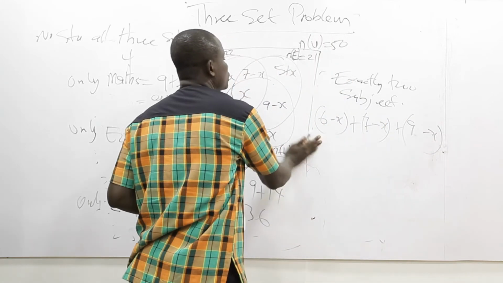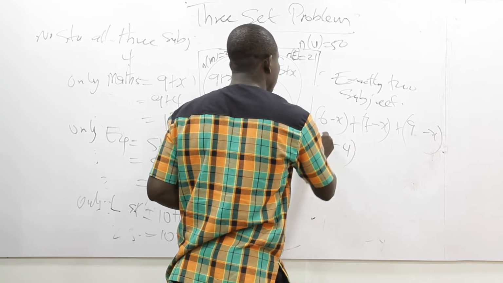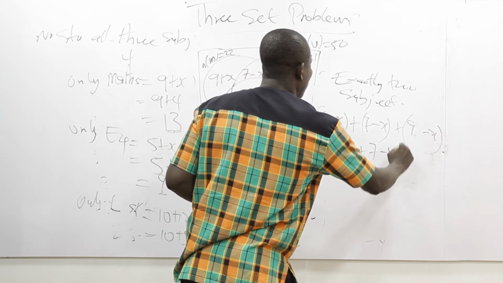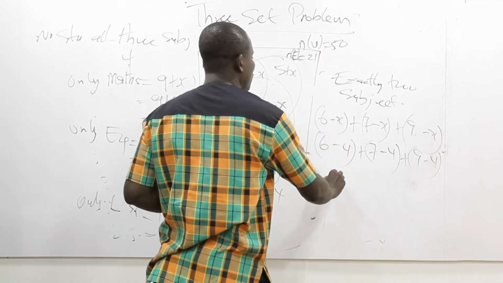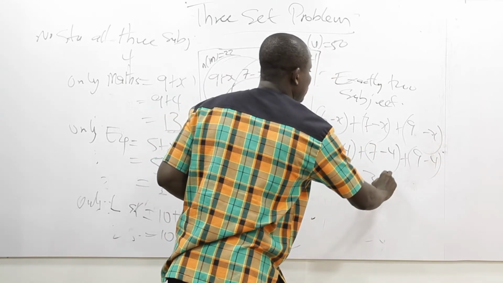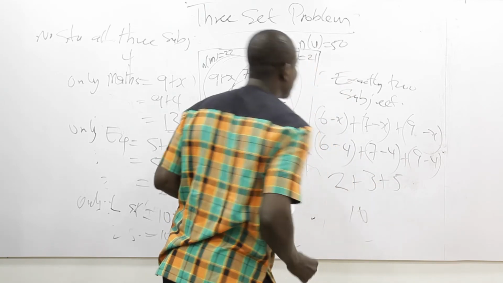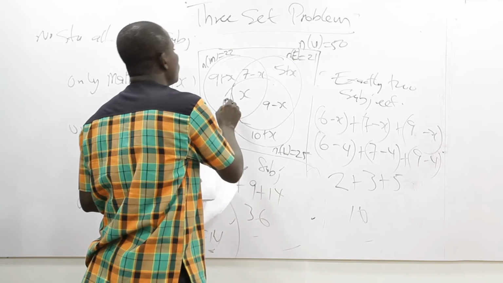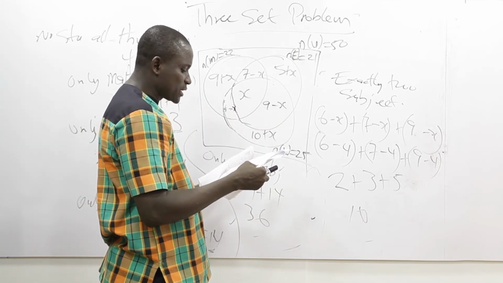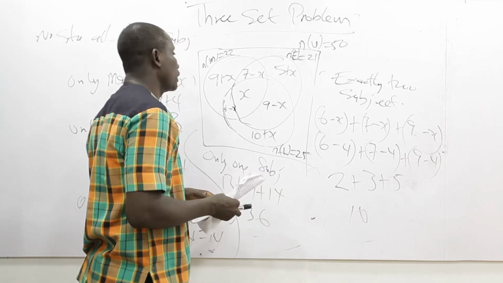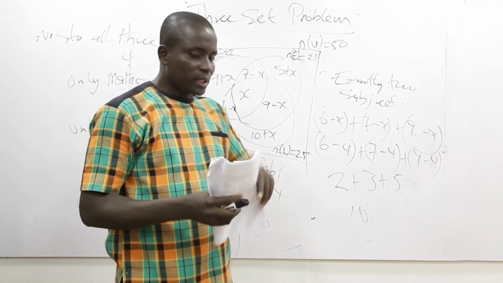So in working it out, here is 6 minus, what is your x? X is equal to 4, right? Plus 7 minus 4 plus 9 minus 4. If you work it out, here is going to be 2 plus 3 plus 5. And that will give you, I think, 10. So exactly 2 subjects is going to be 10. And that is that, okay? Then it says only life skills books. Only life skills book, we have already calculated that. And that is how it is.